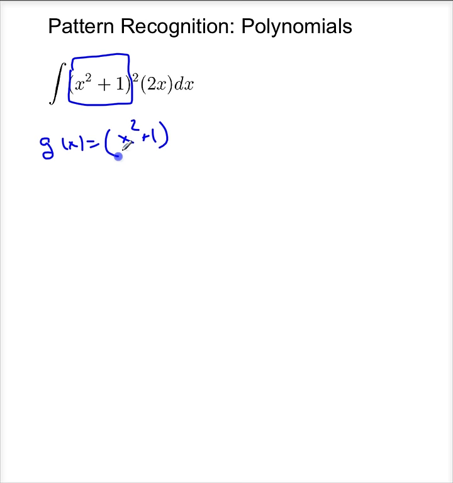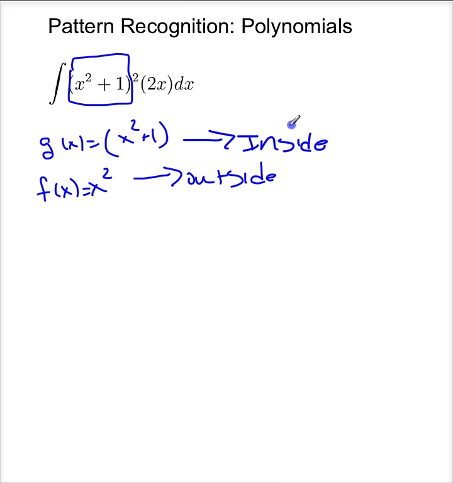So g is my inside function, while f of x, I'm just going to use x, is x squared, because this is the outside function. This is inside. And it's unfortunate that we do tend to use x's in both. So f evaluated at g is equal to x squared.